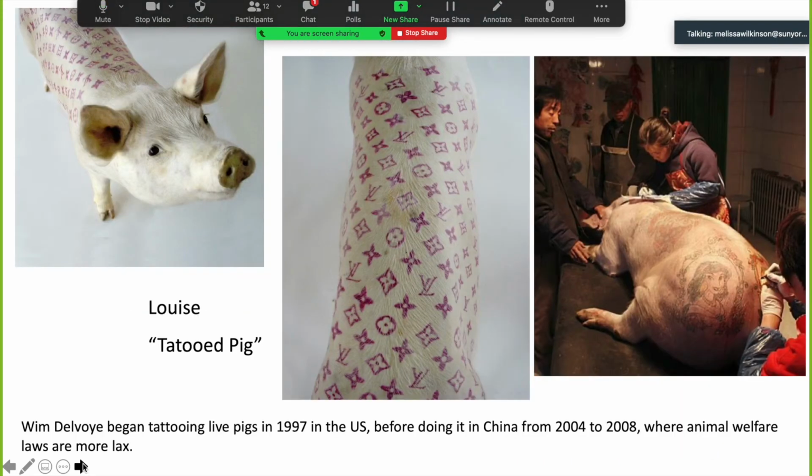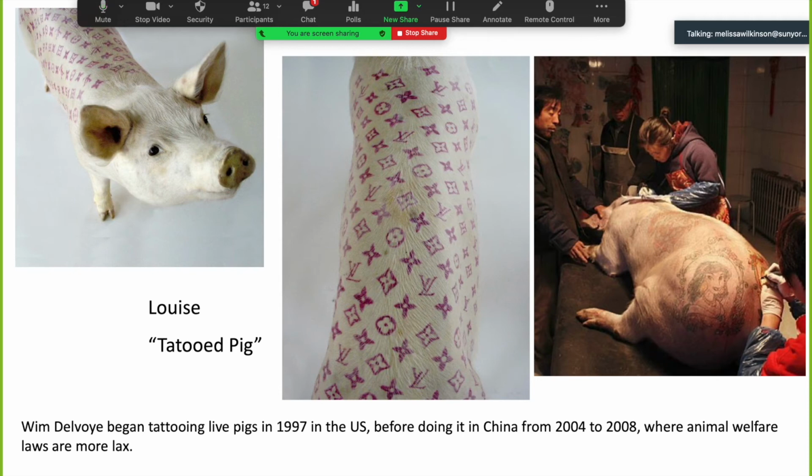That brings us back to this guy, Wim Delvoye. He began tattooing pigs in about 1997, way back when, and he was doing it in China because the laws in China for animal welfare were really quite relaxed.